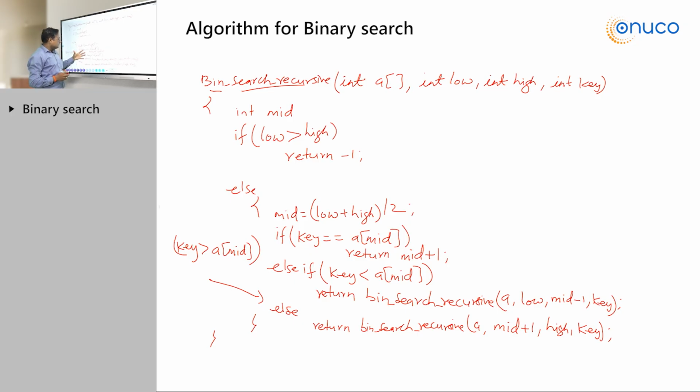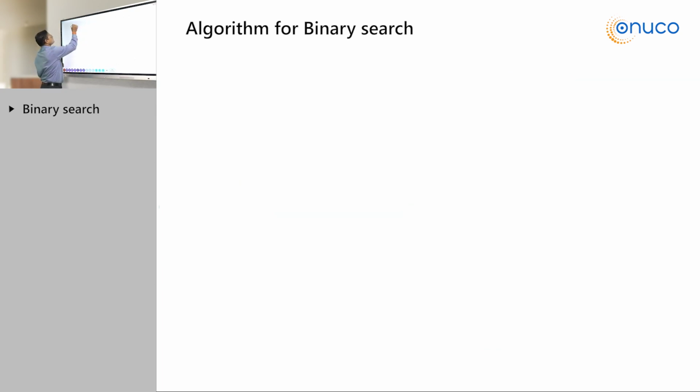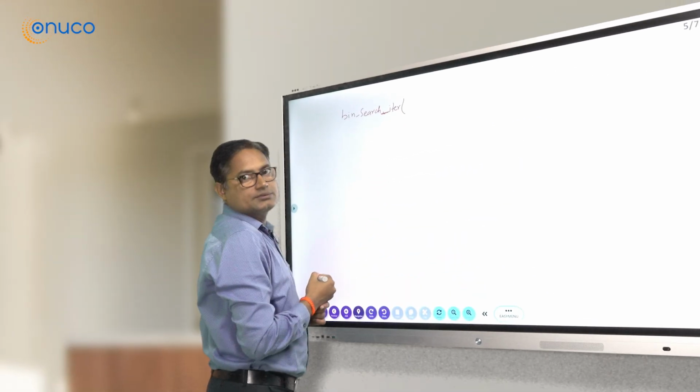The same kind of concepts for binary search we are going to apply while writing a non-recursive algorithm using the loop concept. So let us see that. Binary search iterative algorithm.